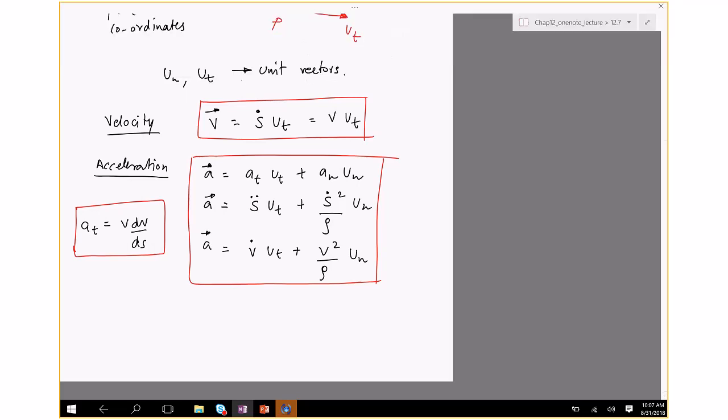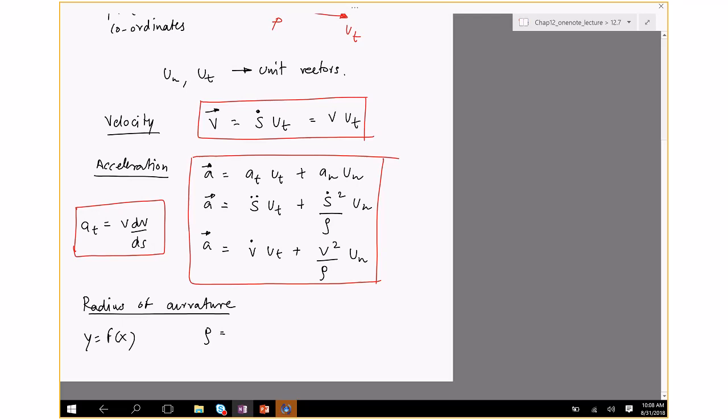Now the final expression I want to write down is the radius of curvature rho. You'll be given the curve in terms of y and x. So for example, if the curve is y equals f of x, that describes the curve, could be a parabola, line, and so on.